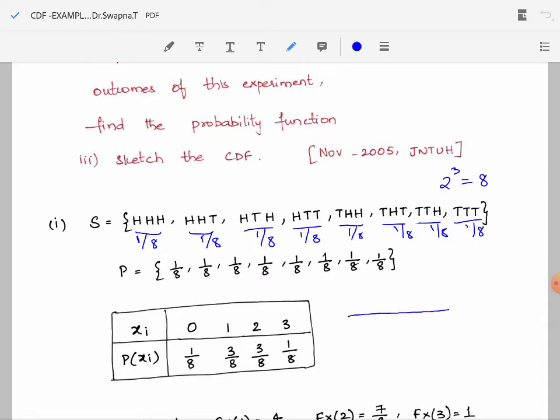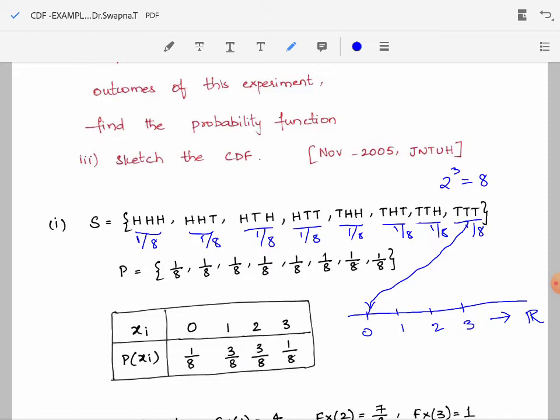Now if you take a real line and mark 0, 1, 2, 3. The first one is 0, meaning 0 heads, only one, which is TTT.